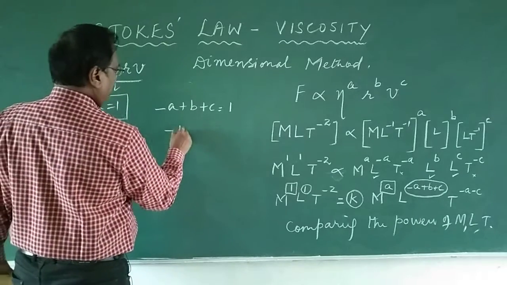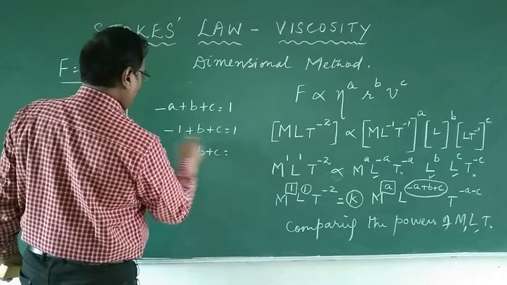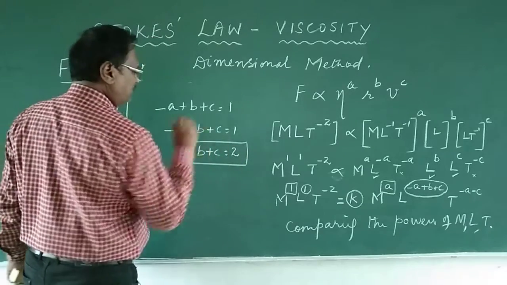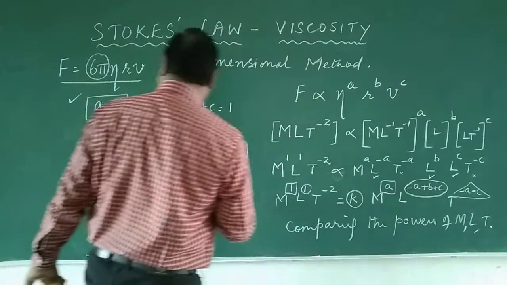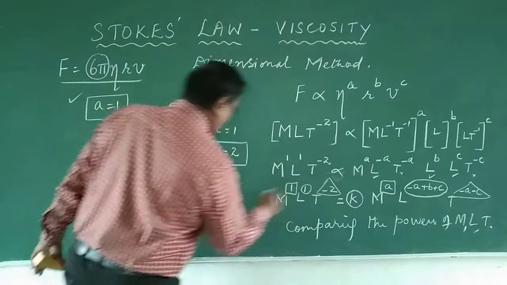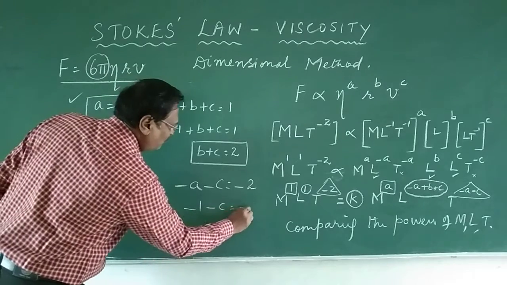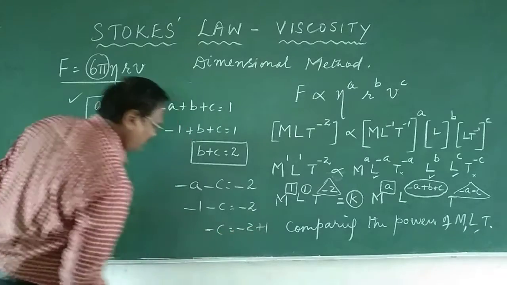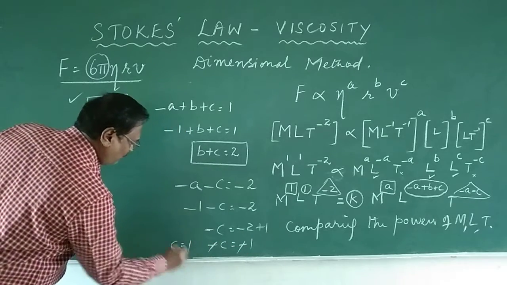A is 1, so minus 1 plus b plus c is equal to 1, so b plus c is equal to 2. Third, for T, minus a minus c is equal to minus 2. A is again 1, so minus 1 minus c is equal to minus 2, minus c is equal to minus 1, which implies c is equal to 1.